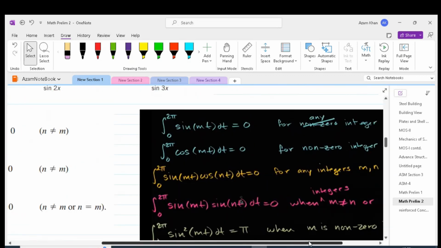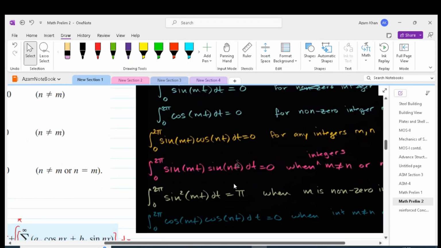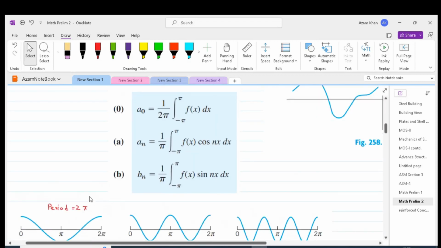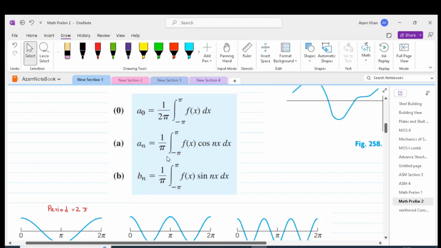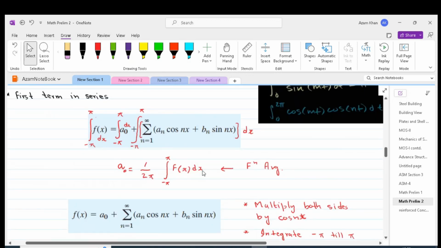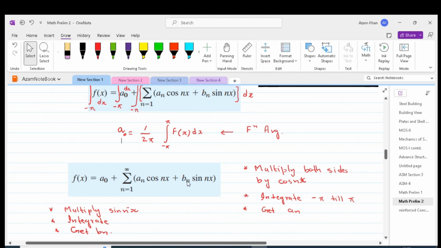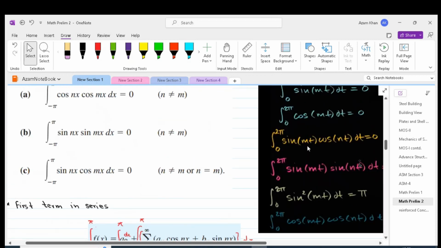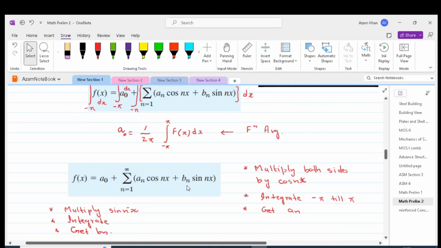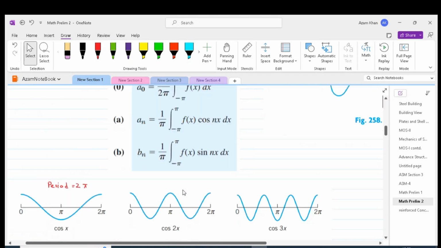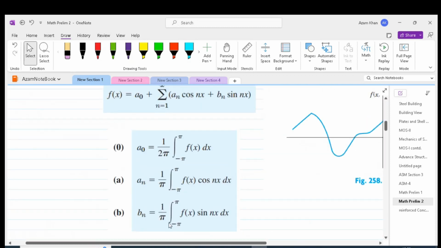Using the identities we defined here, we get the value of an equal to 1 by pi times the integral from minus pi till plus pi of f of x times cos nx dx. Similarly, for the third term, bn, we multiply both sides by sin nx and use the same identities, and get bn equal to 1 by pi times the integral from minus pi till plus pi of f of x times sin nx dx.